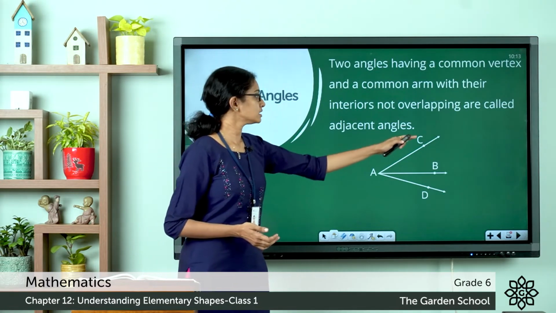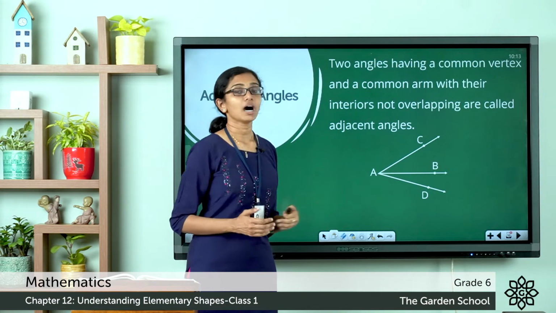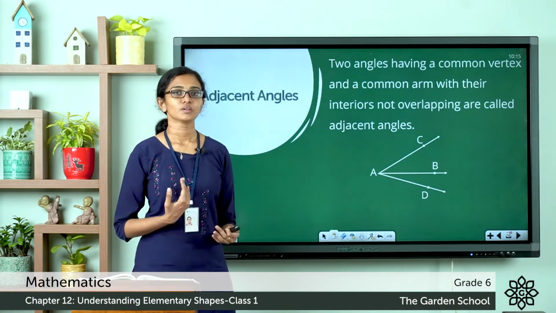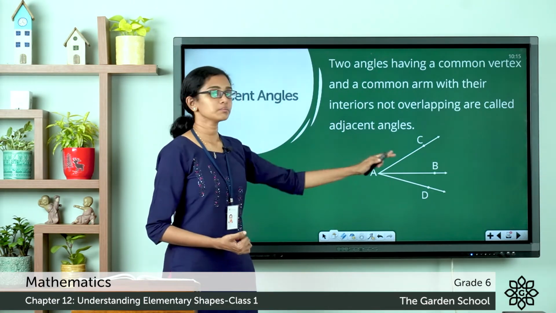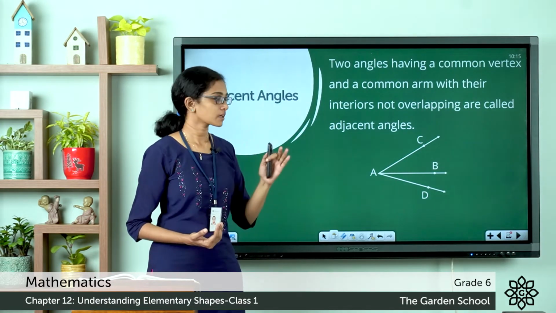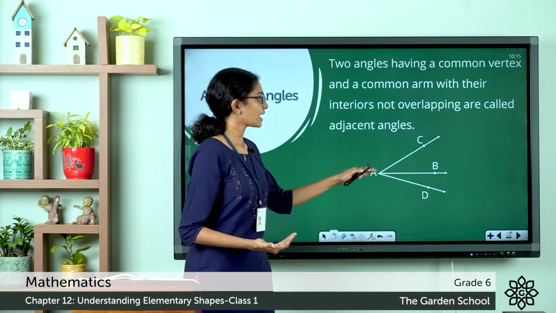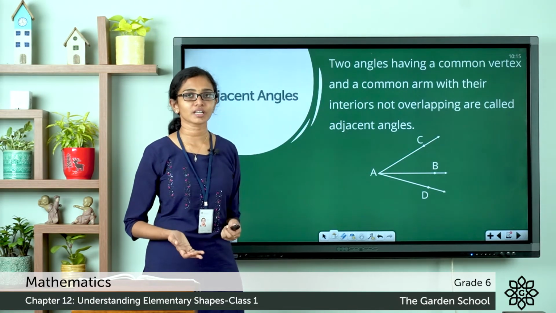So here angle CAB and angle BAD are adjacent angles. The common vertex is vertex A and the common arm is ray AB. So I hope this is clear to you.